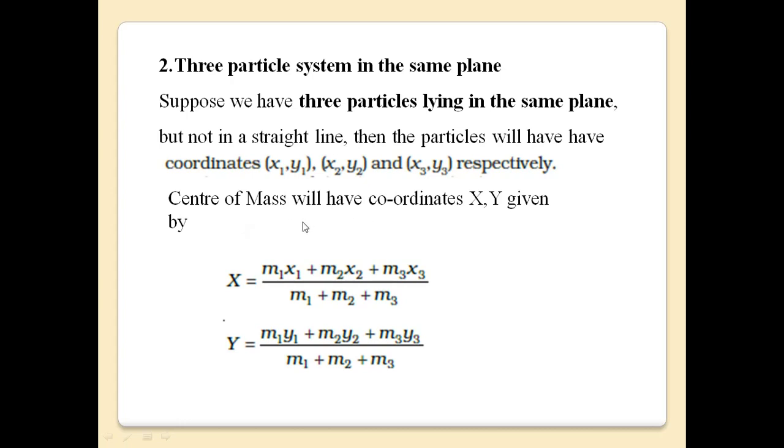The center of mass in a two-dimensional xy plane will have coordinates x and y given by x equal to (m1x1 plus m2x2 plus m3x3) divided by (m1 plus m2 plus m3). And the y coordinate will be (m1y1 plus m2y2 plus m3y3) divided by (m1 plus m2 plus m3).